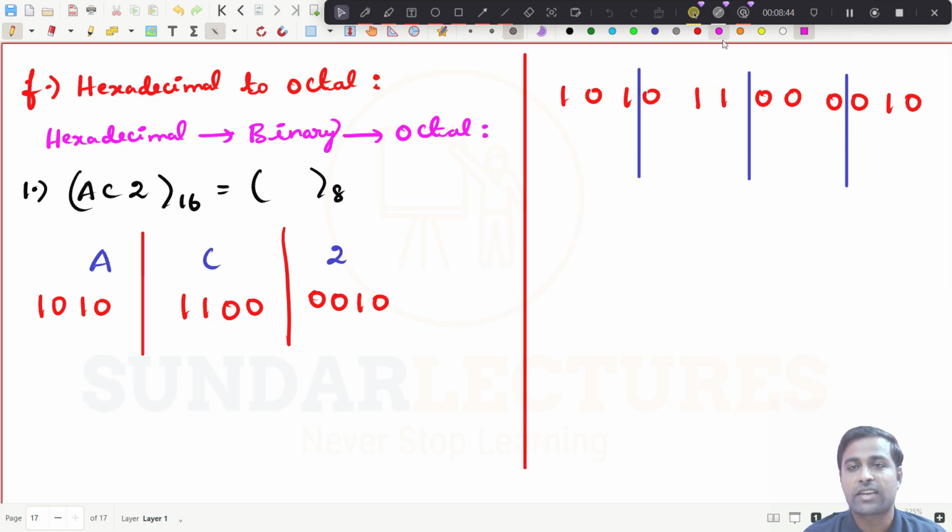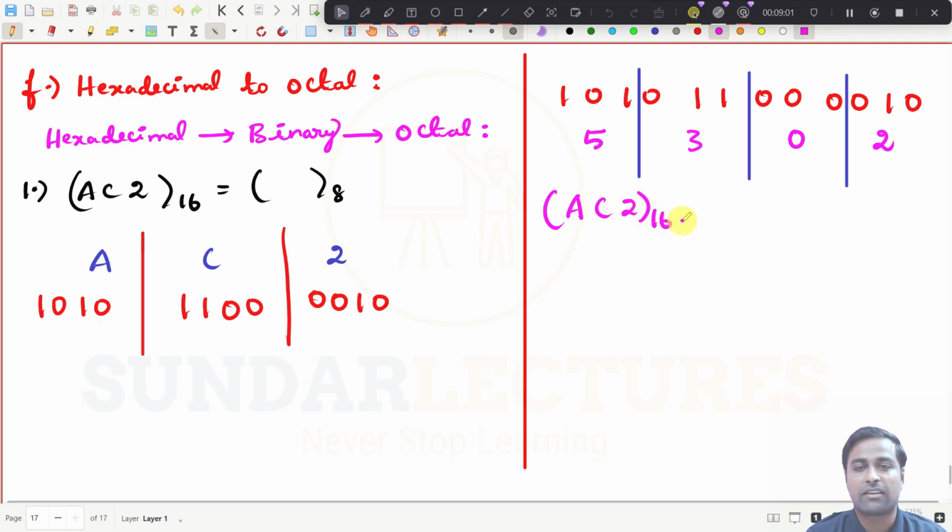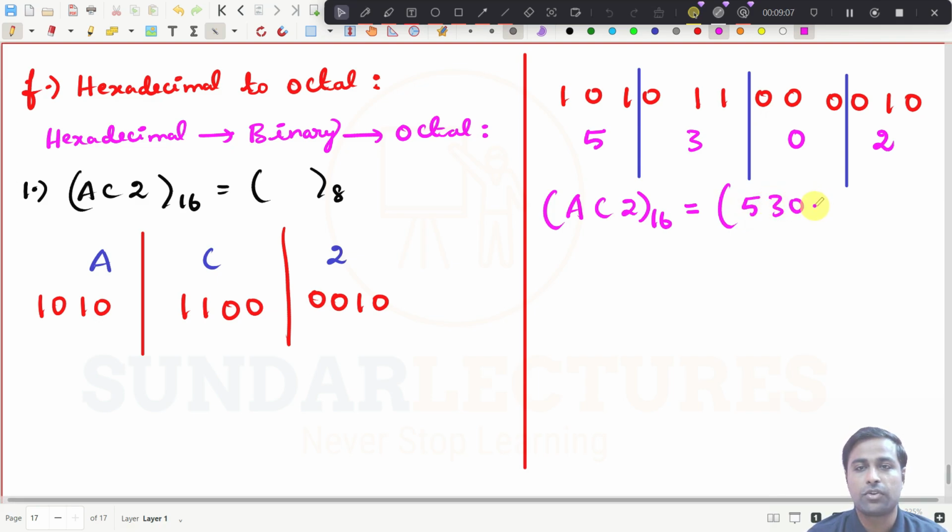You just write this value, 1, 0, 1, 0, it will be 2, and 0, 0, 0, it is 0, 0, 1, 1, it is 3, and 1, 0, 1, it is 5. So what is the actual answer? AC2 at the base of 16 will be equivalent to 53202 at the base of 8. This is the final answer.